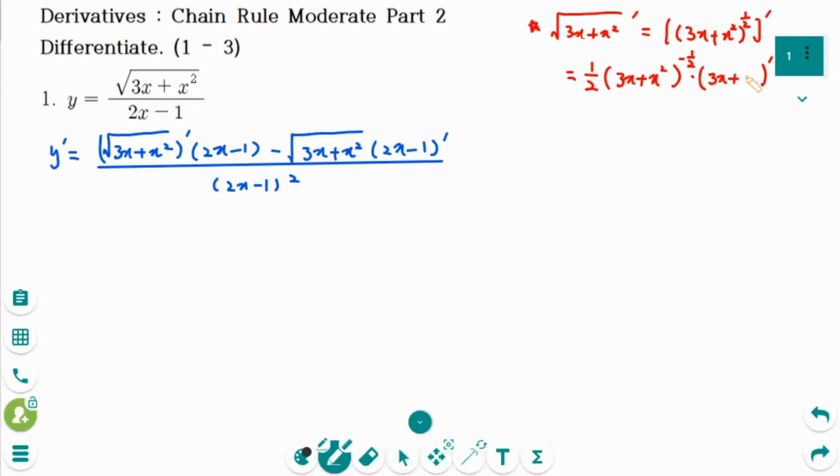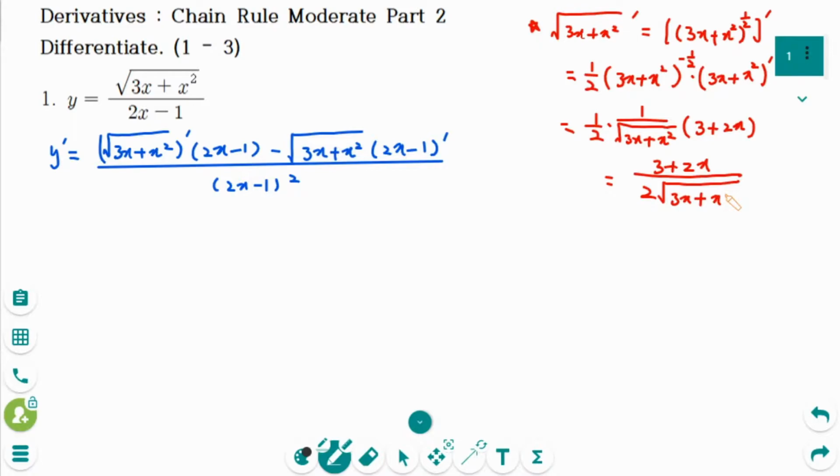Then 1 over 2 times, back to the radical form, 1 over square root of 3x plus x squared, times the derivative of 3x plus x squared, which equals 3 plus 2x.